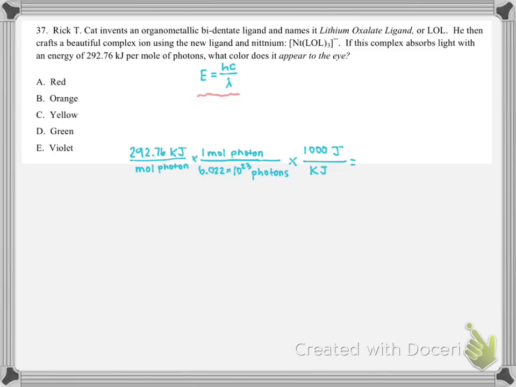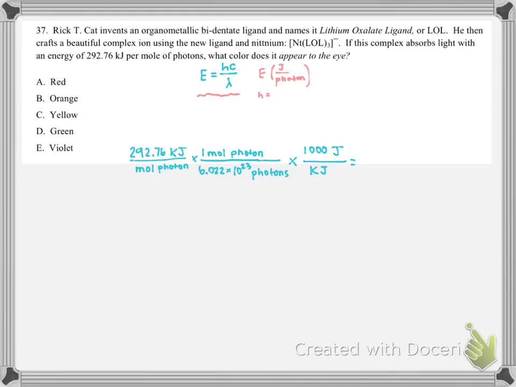Okay, and so let's just remember what goes into this equation. So energy is just energy. We put it in as joules per photon. Okay. H is Planck's constant.